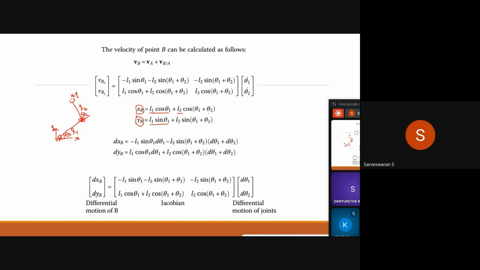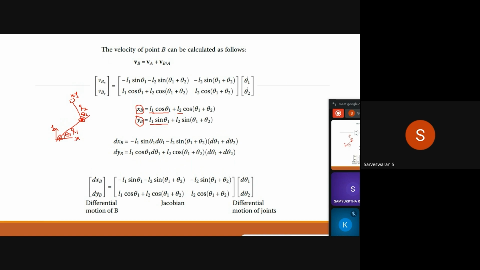We have to add these terms, because theta 2 separately, from here to here, gives L2 cos theta 2 and L2 sin theta 2, but with respect to the world frame, this is provided by L2 cos of theta 1 plus theta 2, which combines both the theta 1 and theta 2 values.